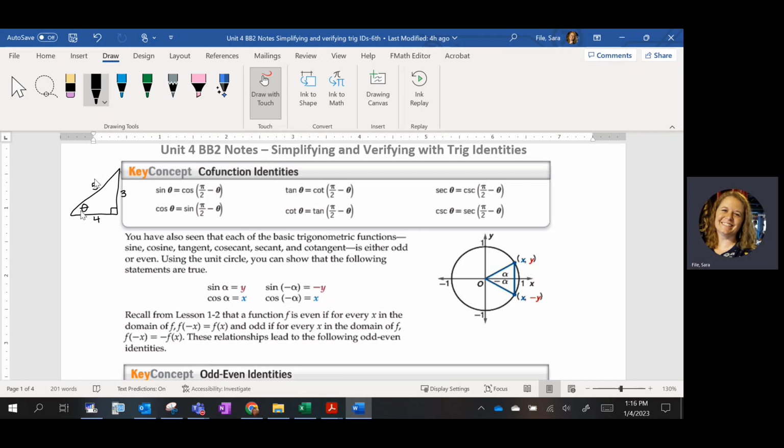So if I wanted to know sine of theta in this example here, what would sine of theta be? Three over 5, opposite over hypotenuse, right? Okay. They're telling me that's going to be the same. It's going to be equivalent to cosine of pi halves minus theta, or 90 minus theta.